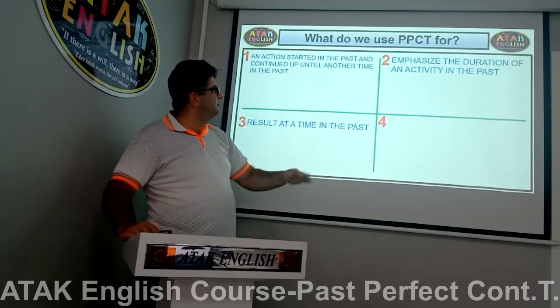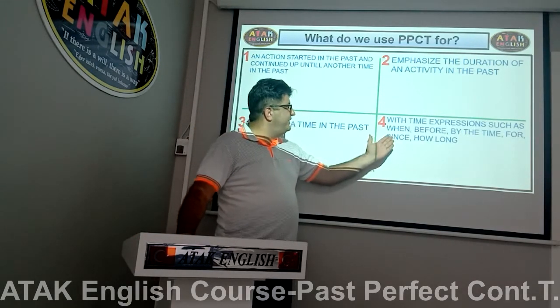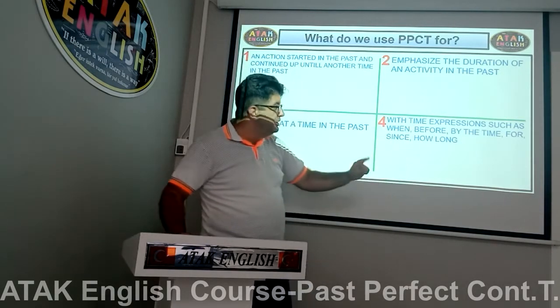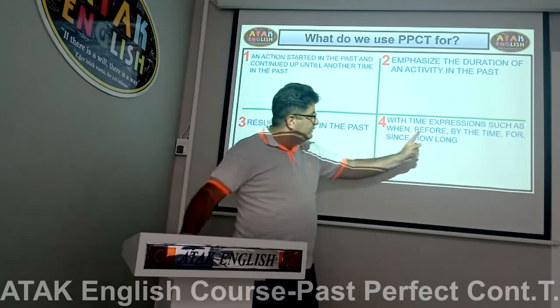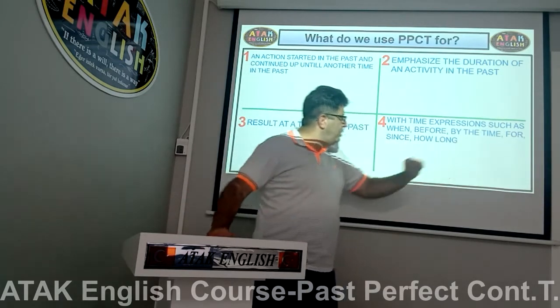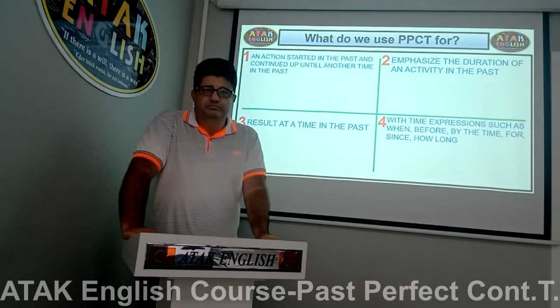And finally, number four, we use past perfect continuous tense with time expressions such as when, before, by the time, for, since, and how long. Let's try to explain it elaborately, in more detail.